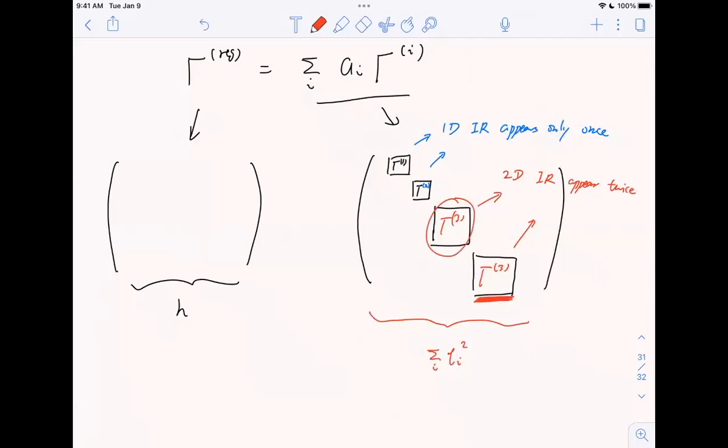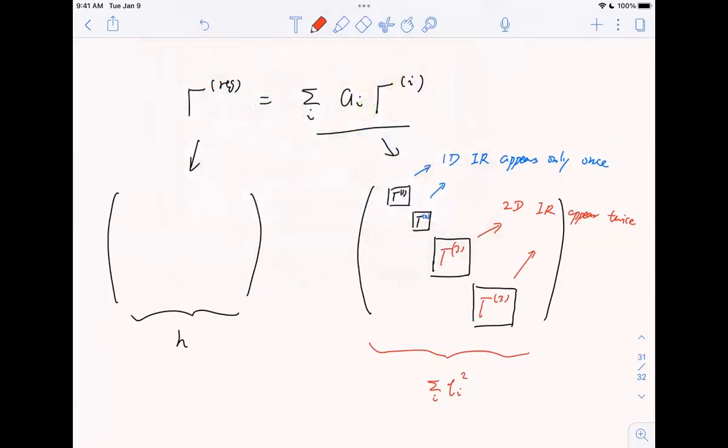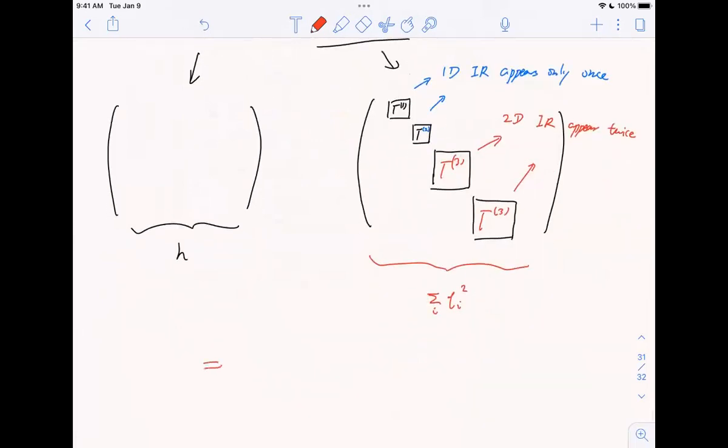You have dimension 2, then this 2-dimensional will appear twice. So the total length here will be L_i squared. Okay, but these two are the same matrix. So these two must be equal. So eventually, you will get this relationship. So that finished the proof.